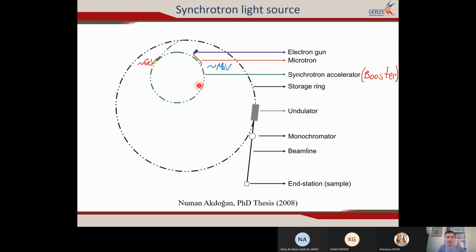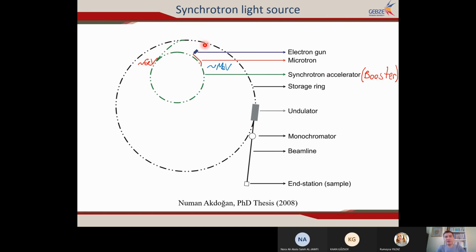The ring is called a booster because electrons are injected into this booster with MeV energies, and we boost their energies, we increase their energies up to giga-electron volts. For this reason, the name is booster.